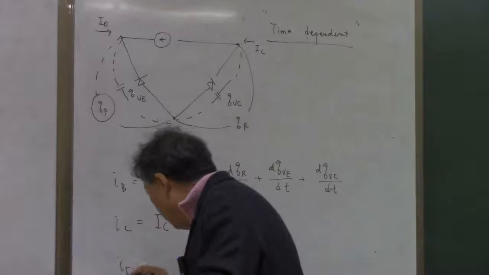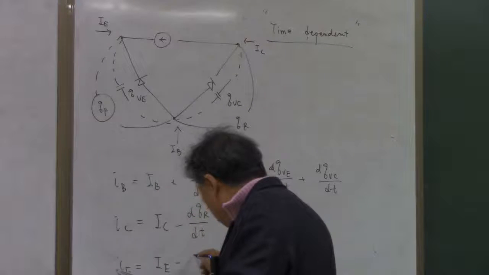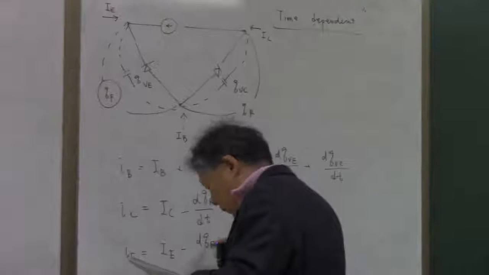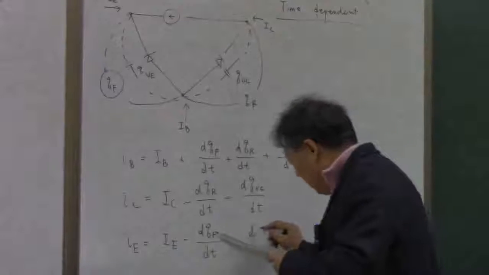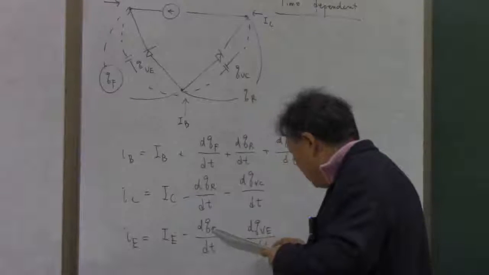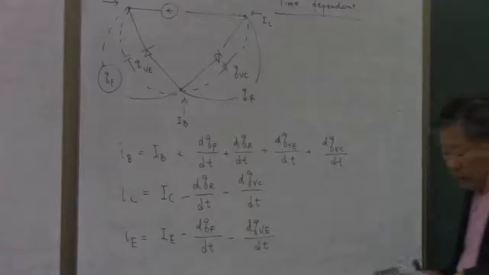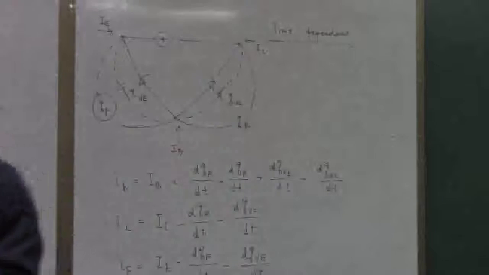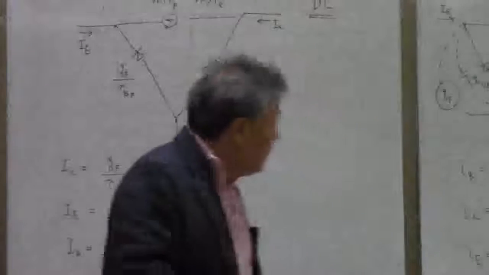And IE is the IE DC term, minus dQF over dt, minus dQVE over dt. Okay, so we just developed the charge control model of the bipolar device.